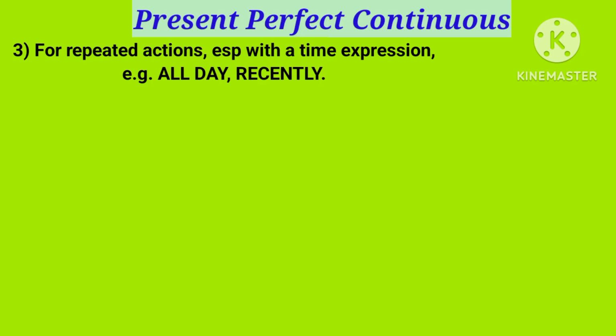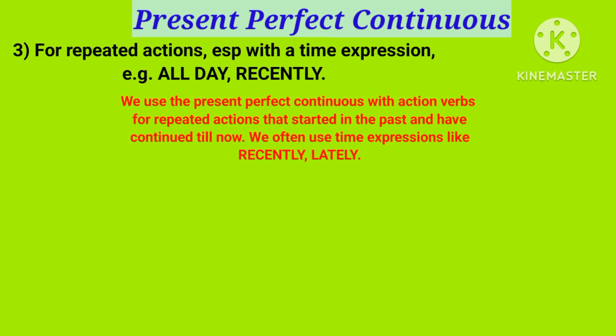We use the present perfect continuous with action verbs for repeated actions that started in the past and have continued till now. We often use time expressions like recently and lately.